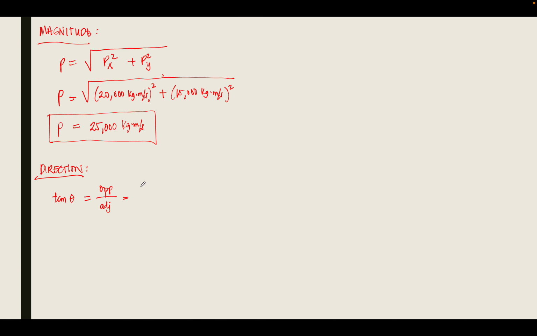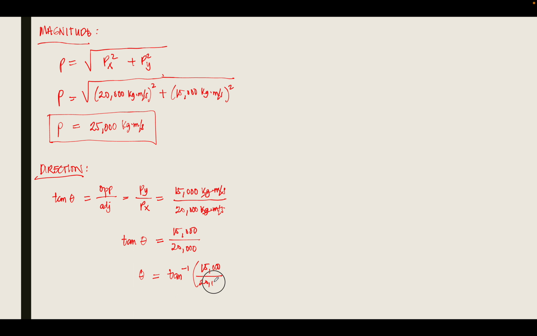So we have p sub y divided by p sub x, which is 15,000 kilogram times meter per second divided by 20,000 kilogram times meter per second. Our units on the numerator and the denominator will cancel out. So tangent theta is now equal to 15,000 divided by 20,000.